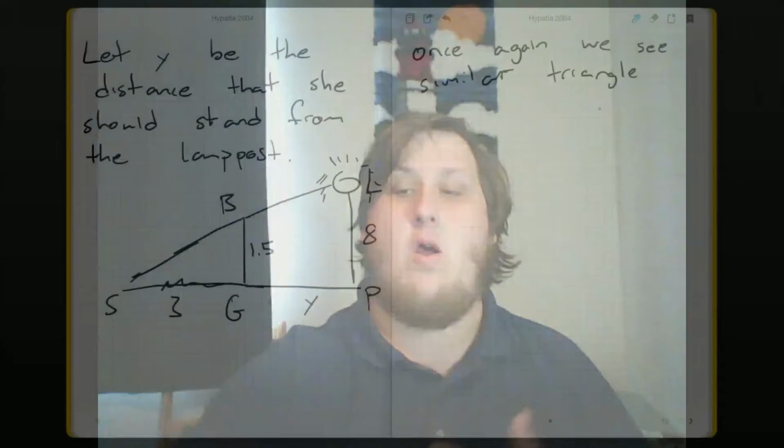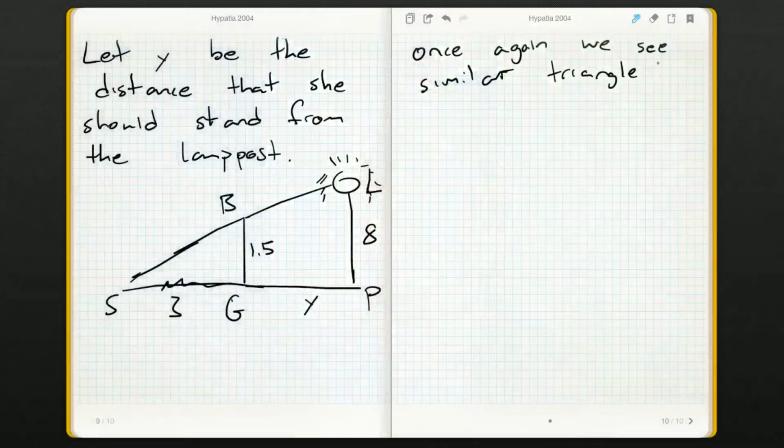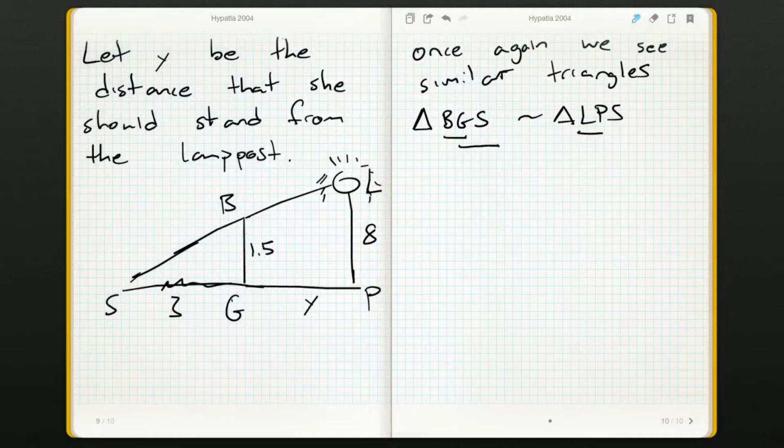So, once again, we see similar triangles. I would name the triangles and make sure I get the names right. BGS is similar to LPS. You want to keep the order so that BG is the one that's proportional to LP, GS is the one that's proportional to PS. I think it's fine as long as you keep the proportional names there.